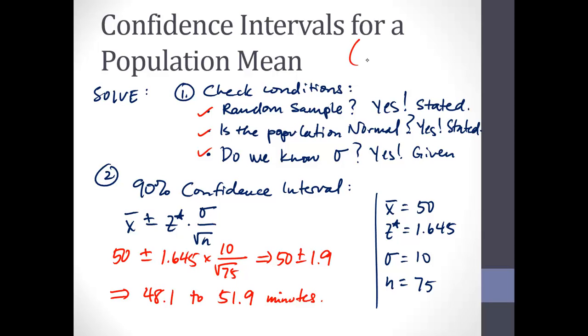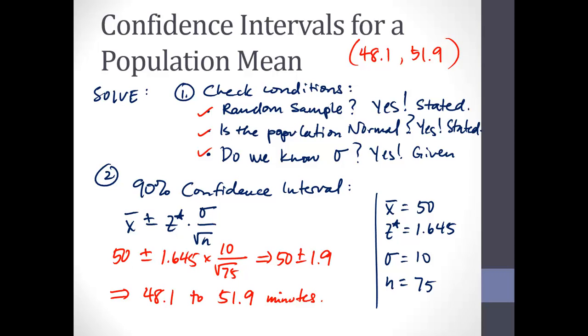You can also write a confidence interval as something like 48.1 and 51.9. If you want to write it that way, that's fine. Writing it out 48.1 to 51.9 minutes is good too.